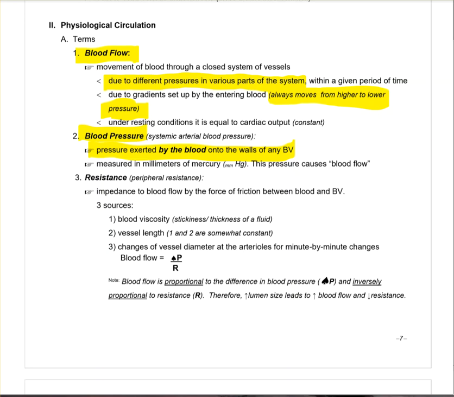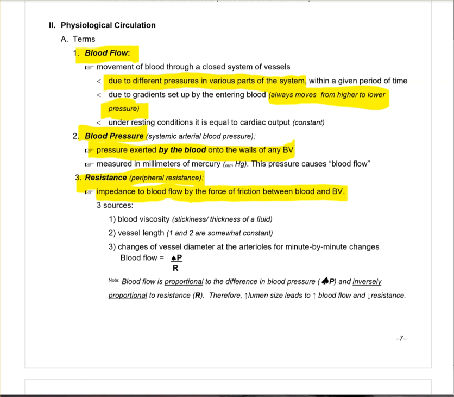Now, the pressure in our closed system causes the blood flow to happen. But things can impede blood flow, and we call those things resistance, specifically peripheral resistance, anything out in the periphery of our body, the vessels out in our body that are going to slow down blood. So this impedes blood flow by the force of friction between blood and the blood vessels.